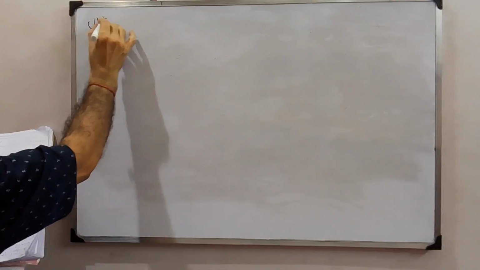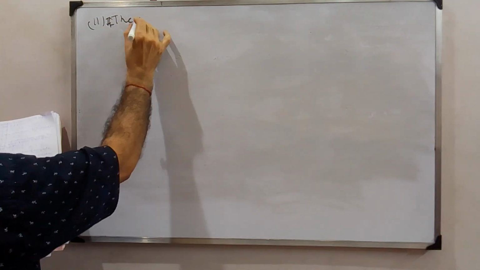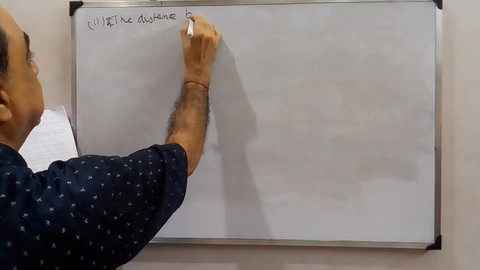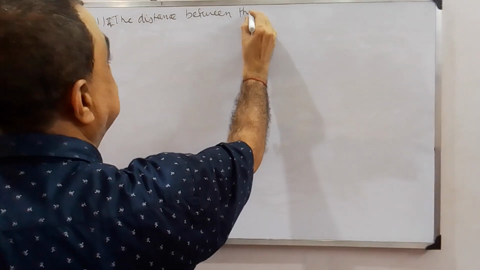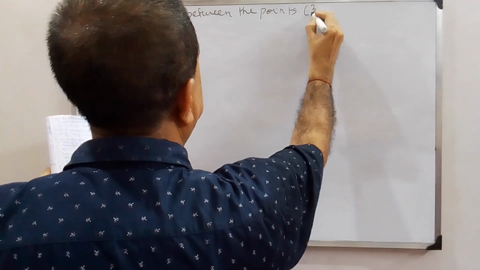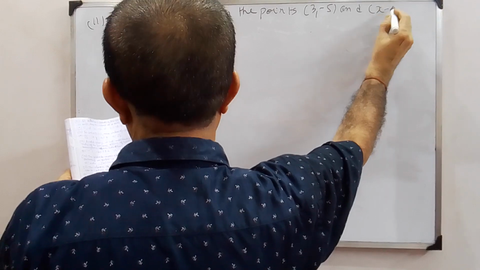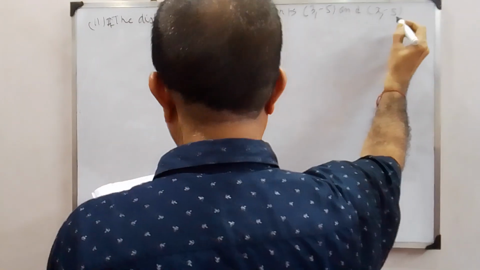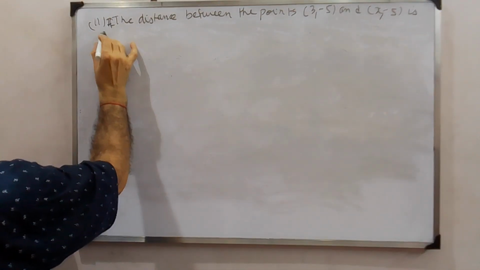Number 11: if the distance between the points 3 minus 5 and x minus 5 is 15 units.